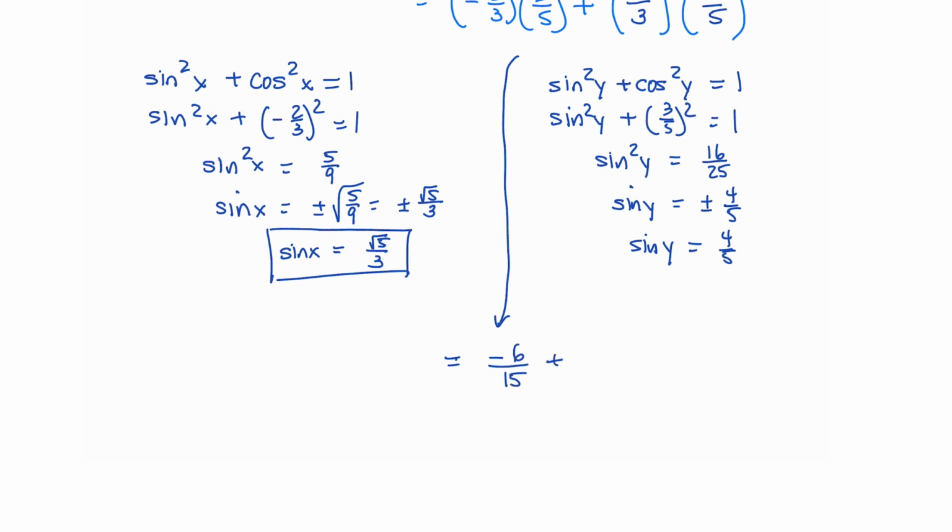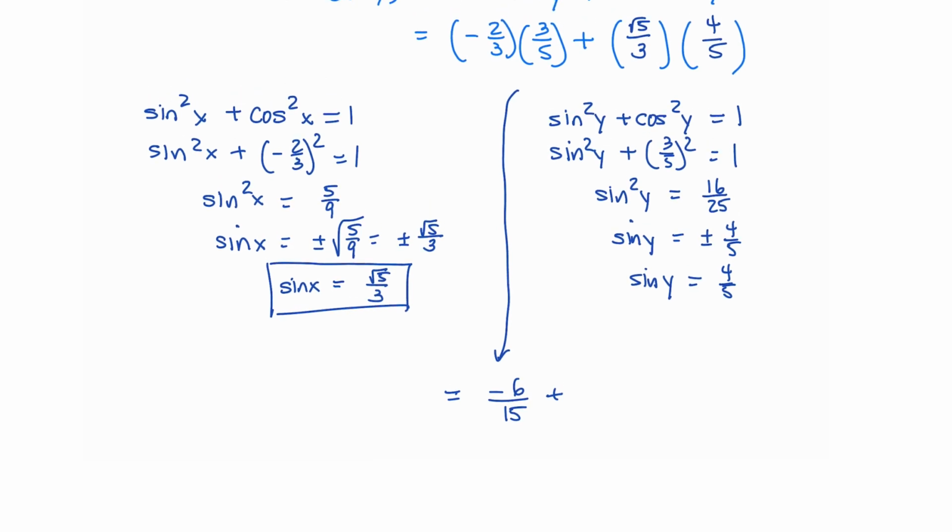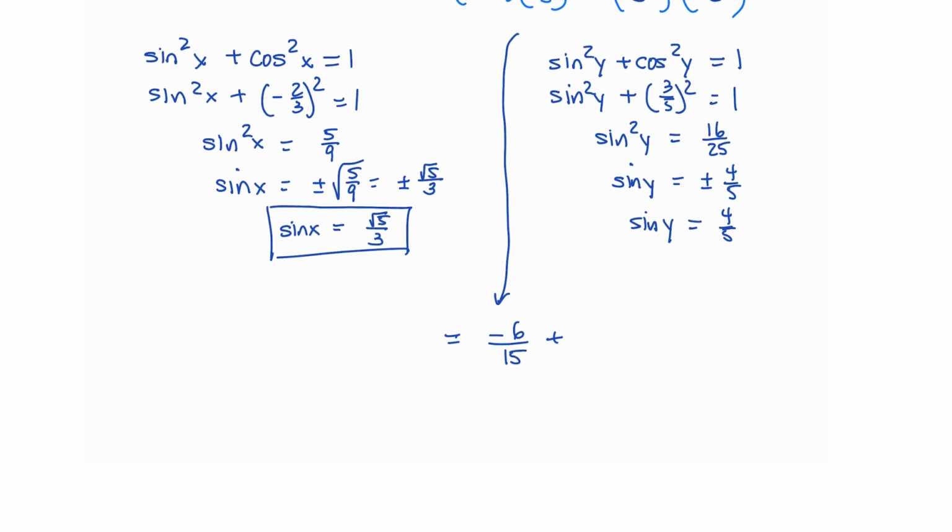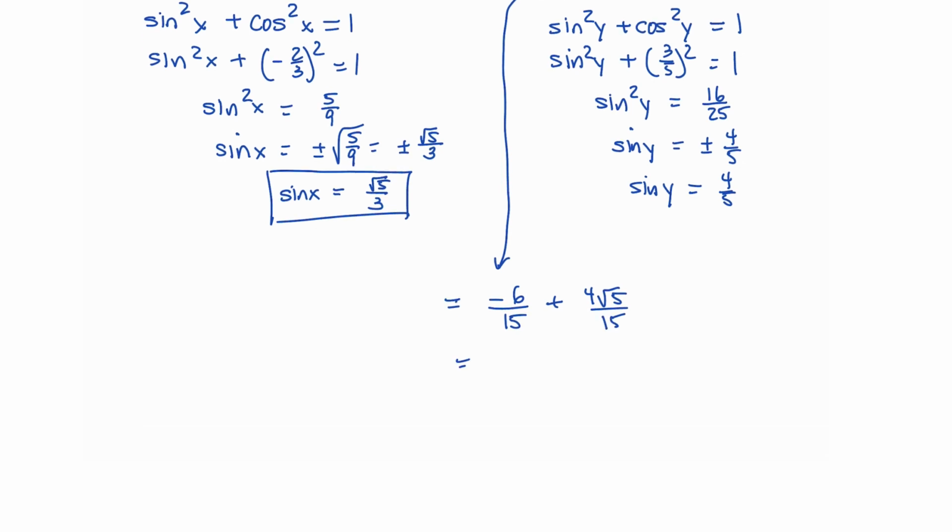And then plus, looking back up here, we have square root 5/3 times 4/5. That is 4 times square root 5/15. And if we want to write that as one single fraction, we can write this as negative 6 plus 4 square root 5 all over 15. And that is the exact value of cosine of x minus y.